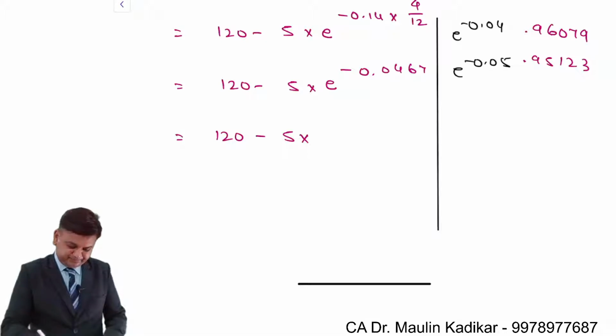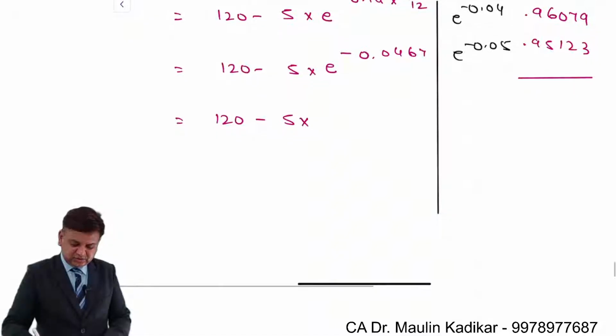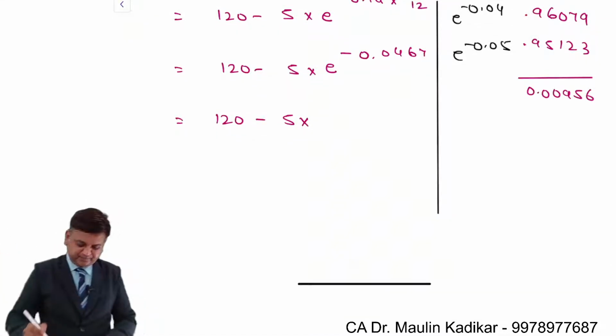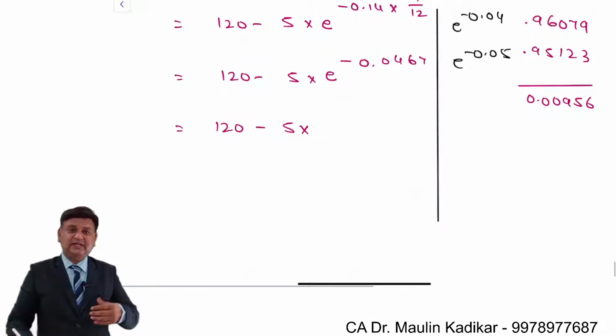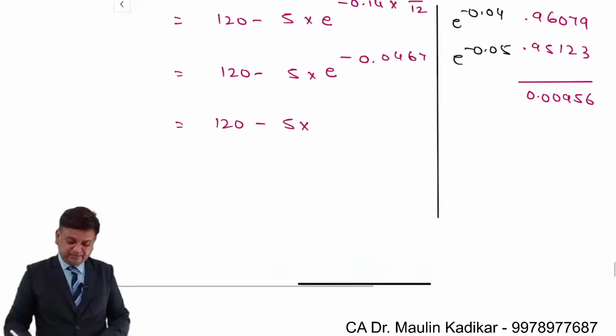So over here we'll compute the difference, 0.96079 minus 0.95123. So it is 0.00956. Now we understand that with the increase in the cost of capital, the factor will fall down.